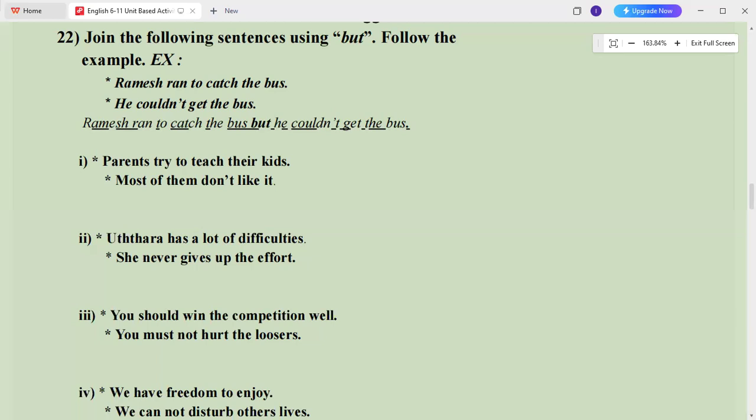But in the first expression's idea and the second expression's idea, there's a complete contrast, right? So you can use the coordinating conjunction but, and you can combine these two sentences, right? Now Ramesh ran to catch the bus, but he couldn't get the bus. So that is the way of expressing a compound sentence in this example, Pute, right? So we are going to combine two sentences in contrast, right?